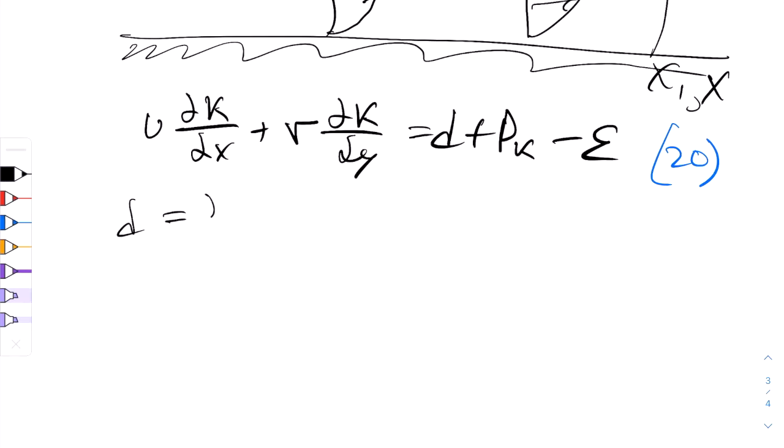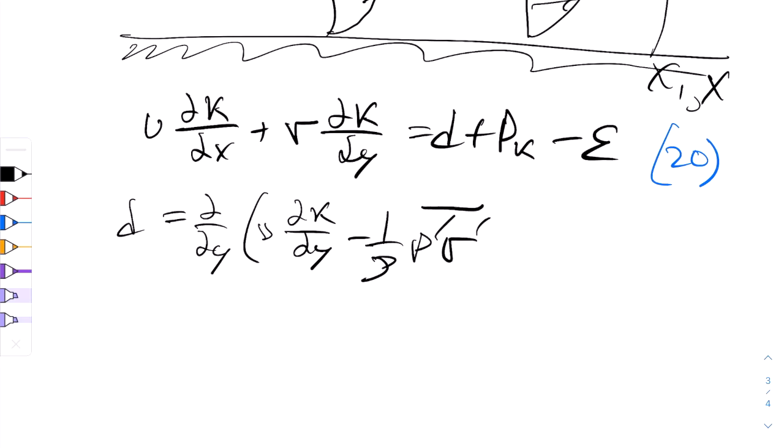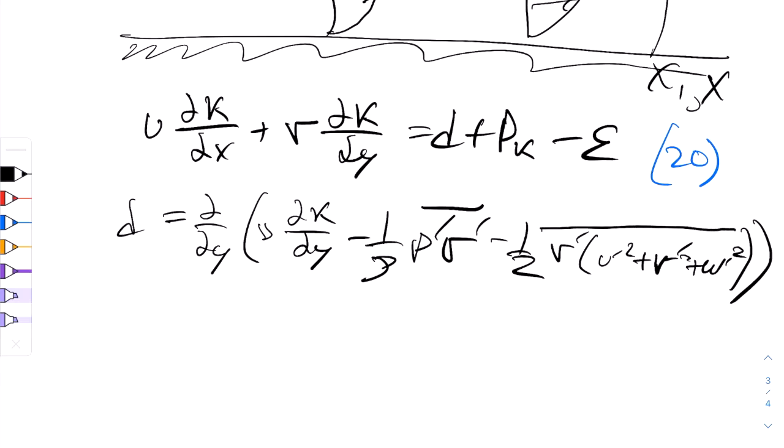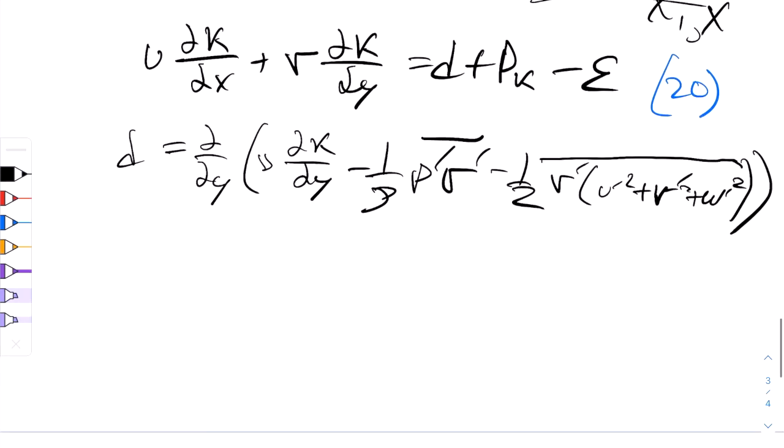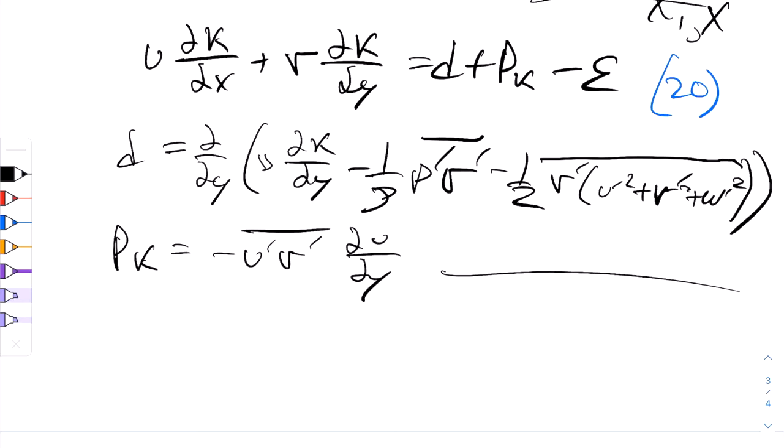D will be partial y of nu partial k partial y, minus 1 over rho p prime v prime bar, minus 1/2 of v prime quantity u prime squared plus v prime squared plus w prime squared bar, just like that. And then we just have Pk left. That will be negative u prime v prime bar partial u partial y. Everything else is gone, which is nice.